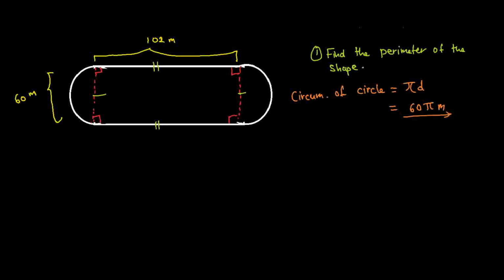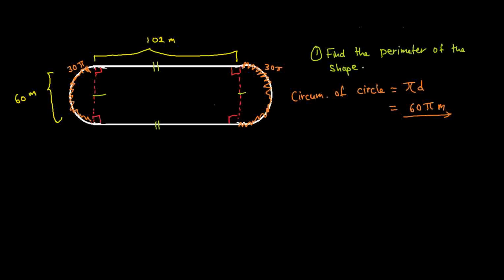So that's 60 pi, which is basically this part combined with this part. So this is 30 pi, because it's a semicircle, and this is 30 pi. When I say this, I'm referring to the circumference of these semicircles.